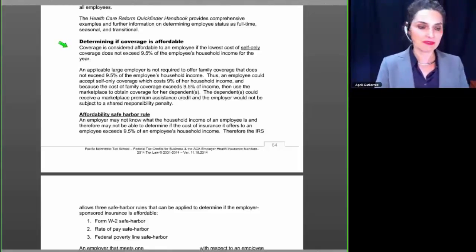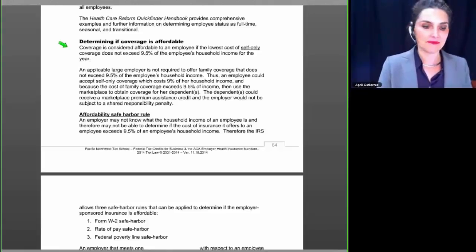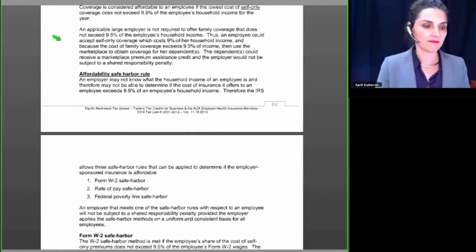Coverage is considered to be affordable to an employee if the lowest cost of self-only coverage does not exceed 9.5% of the employee's household income for the year. An applicable large employer is not required to offer family coverage that does not exceed 9.5% of the employee's household income.